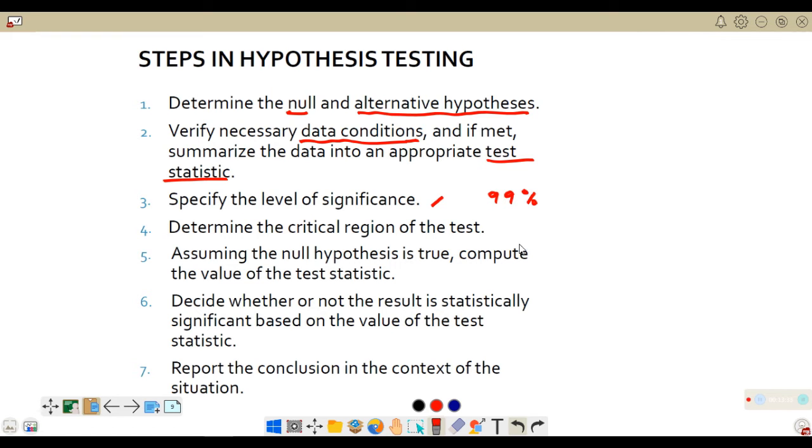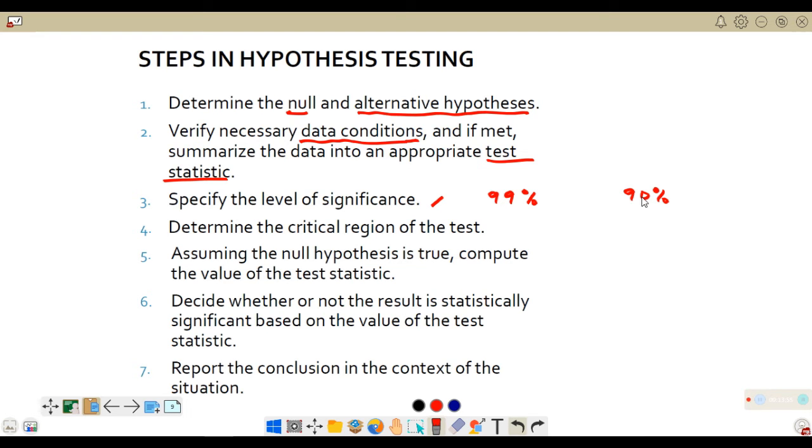Pwede kang mag 99%. But ang downside ng pagtataas ng level of significance, you will have to include more samples. But if you allow, say for example, 90% level of significance, medyo mas malaki yung chances niya of committing error.